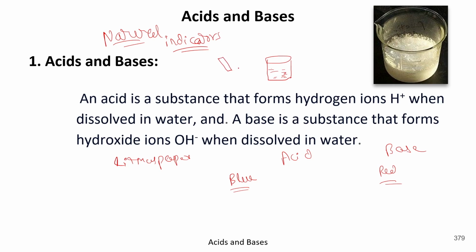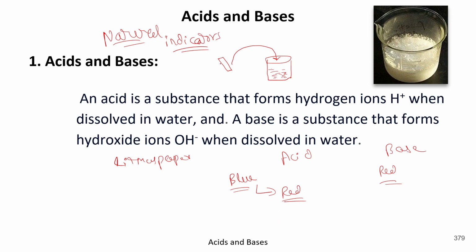If you dip your litmus paper into this solution, then what will happen in the case of acid? As I have told you, in the case of acid we generally take blue litmus paper. So if this blue litmus paper turns into red litmus paper, then it is a condition of acid.